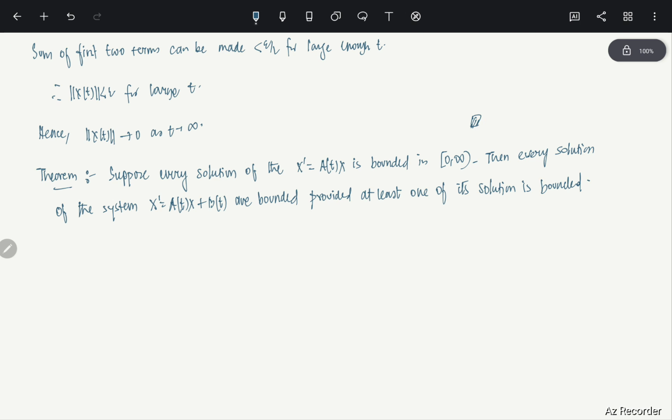And there is another theorem, theorem 2. Again, I will not prove it, it is trivial. You guys can do it yourself.